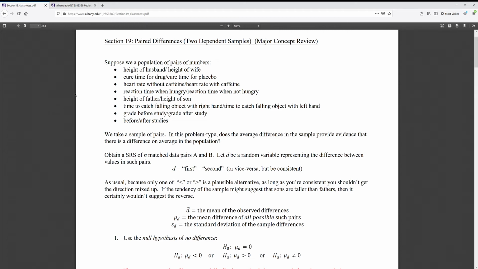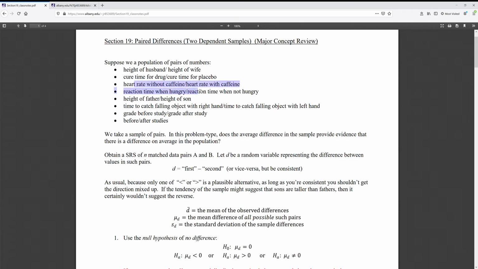So suppose we have a population of numbers, pairs of numbers. For instance, you could talk about heights of husbands and heights of wives for all possible husband-wife pairs. Or you could talk about cure time for a drug and cure time for the placebo, ideal times if you were to give the drug or the placebo to everybody, or times for 100 pairs.